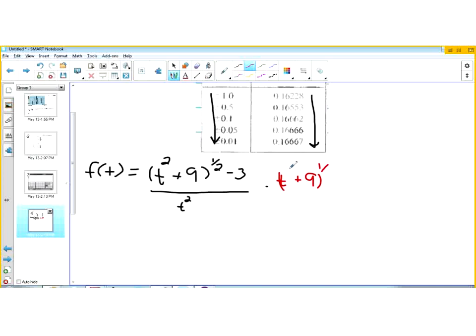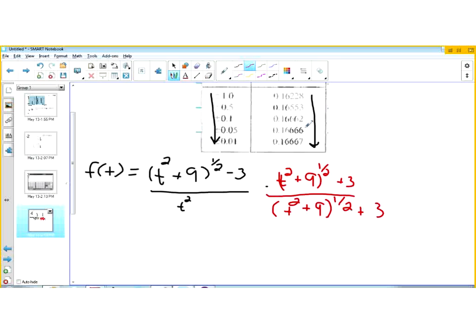So that would be t squared plus 9 to the 1/2 plus 3. This is the conjugate. Remember, in conjugation, you just flip the signs. And then we have to do the same to downstairs, right? t squared plus 9 to the 1/2 plus 3.